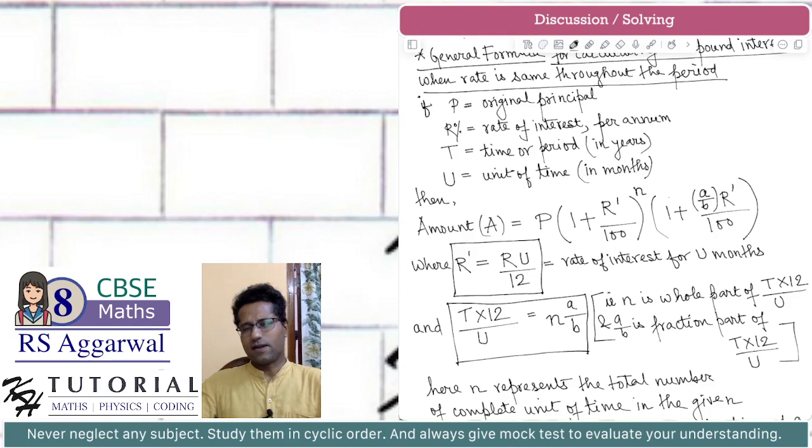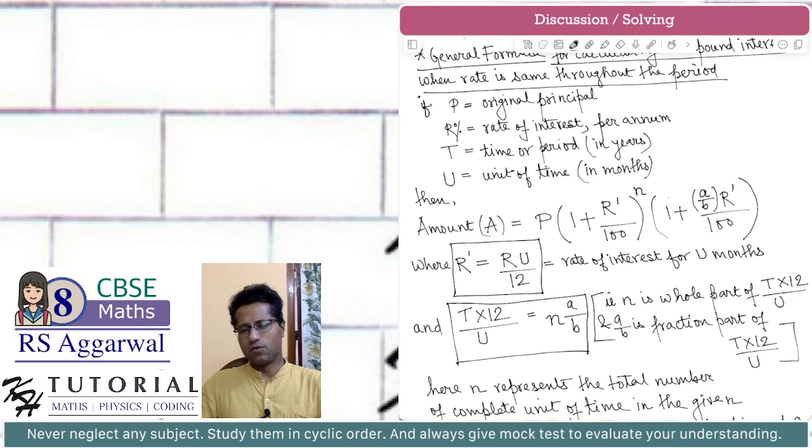That number of times could be an integer or it could be a fraction, meaning it could be an improper fraction, or a proper fraction, or an integer. So I am in general assuming that the value of t multiplied by 12 divided by u is equal to n as a mixed fraction, that is n and a by b.